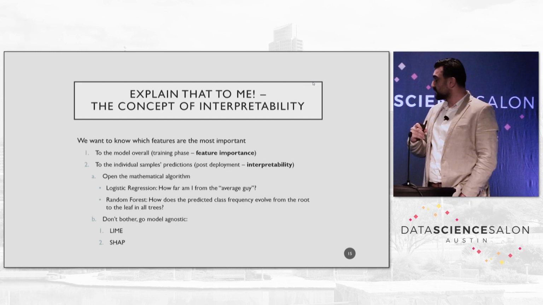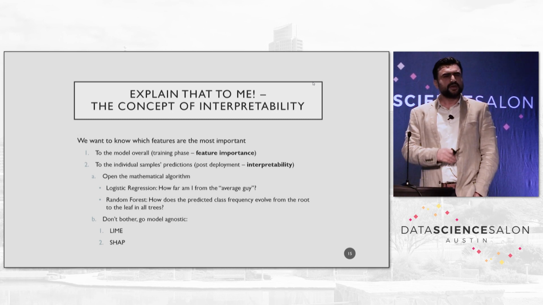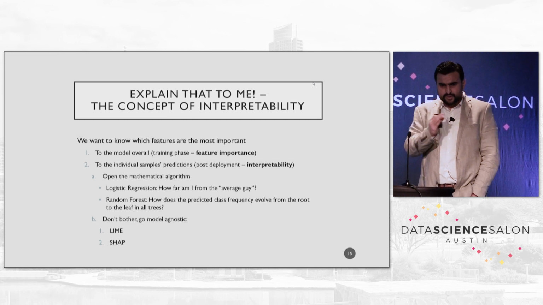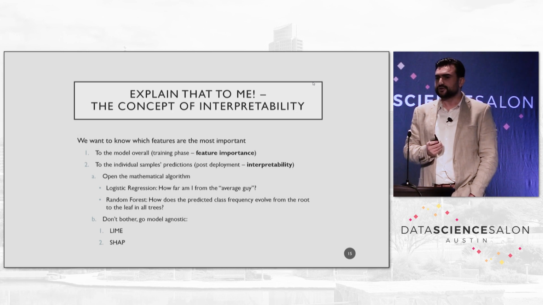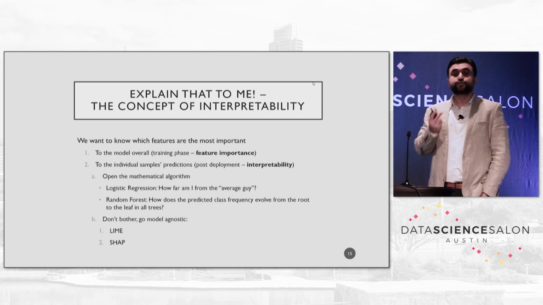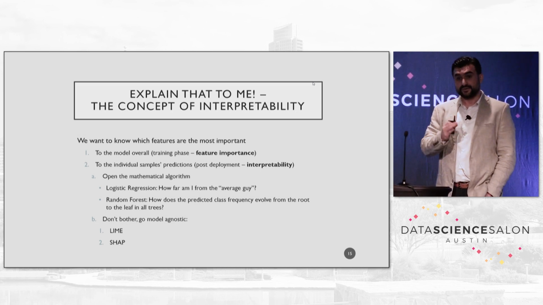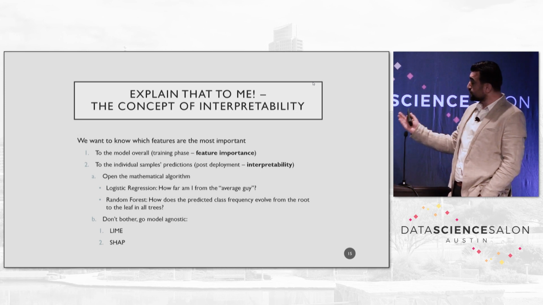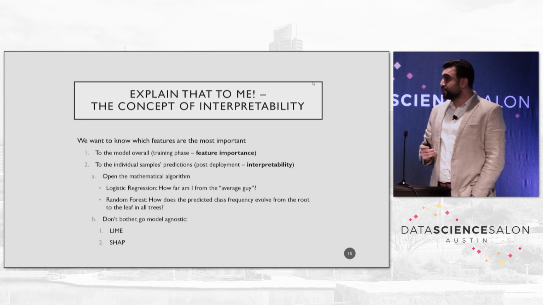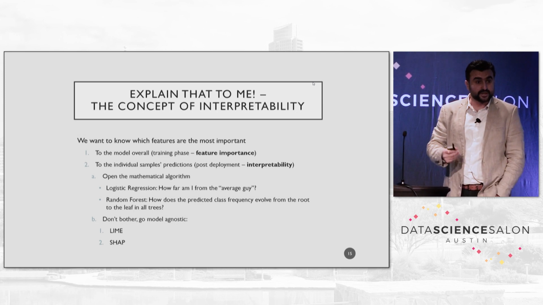So, all right. This is just a very high-level summary of variable importance, right? When we talk about variable importance or feature importance or attribute relevance, there are many terms to denote that, right? So you basically talk about two phases of that question. The first phase is which features are the most important to the model overall, right?